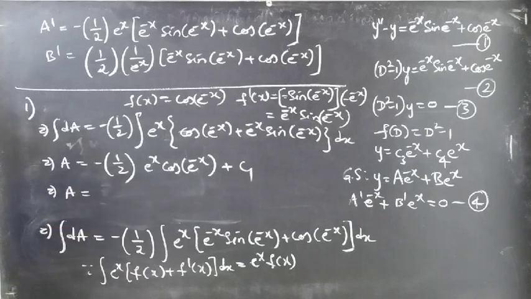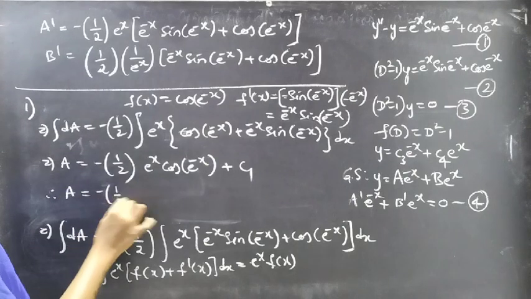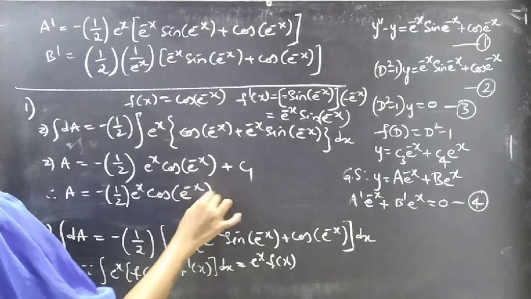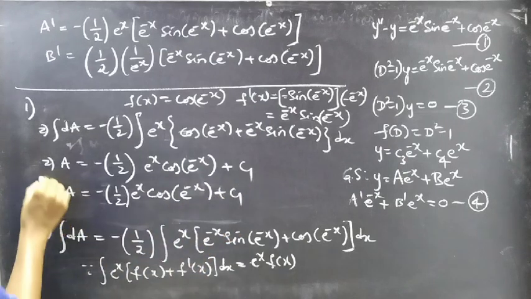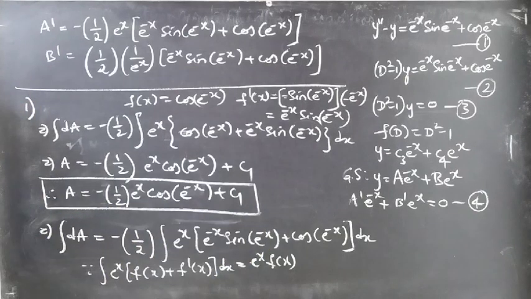Therefore, A equals -1/2 e^x cos(e^(-x)) plus c1. Or you can apply the chain rule.